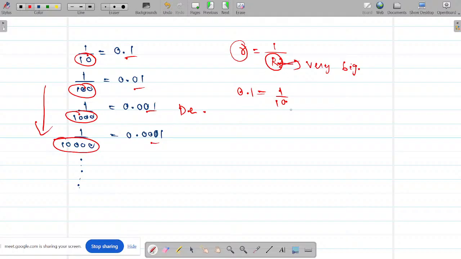I'm saying this r is very big. How big is it? 1 by 100. Ma'am, this is not very big, this is somewhat bigger than 10. It's 10 square, right? Guess what happens here? 0.01. I say this r is 10 power 100. Can you guess this value?